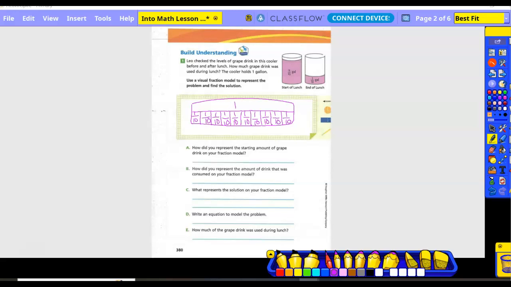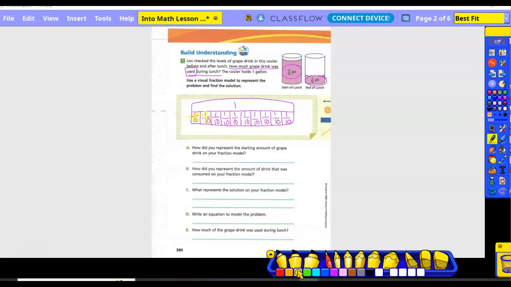So what's our information? It was 9/10 full. After lunch, it was 3/10 full. And they want to know how much grape drink was used during lunch. So what am I doing? What word do I put in a box to tell me if I'm adding, subtracting, multiplying, or dividing? Used, right? Used is a key term to let us know we're subtracting, right? So how much was in there to begin with? 9.